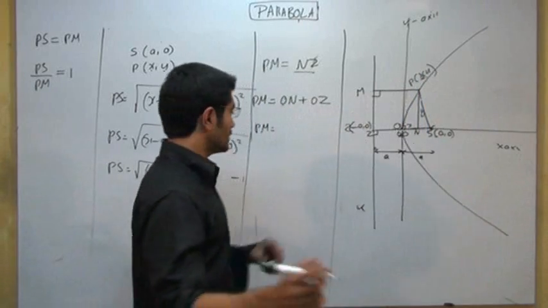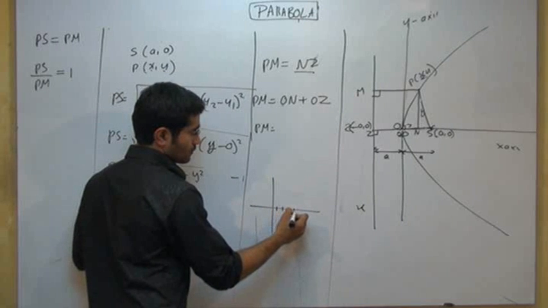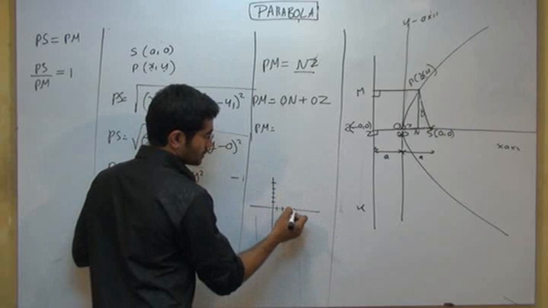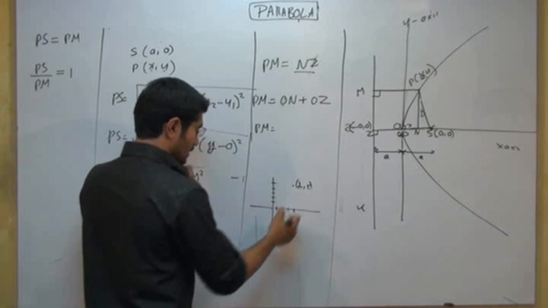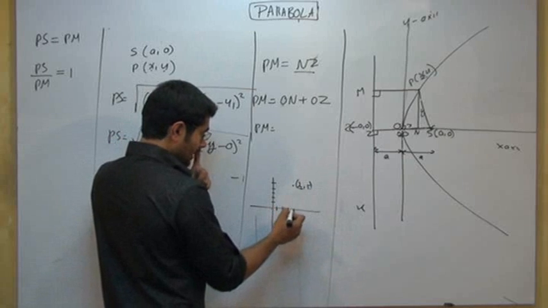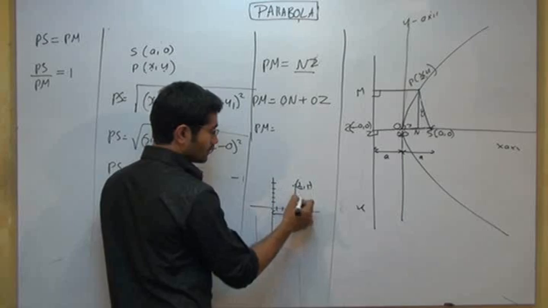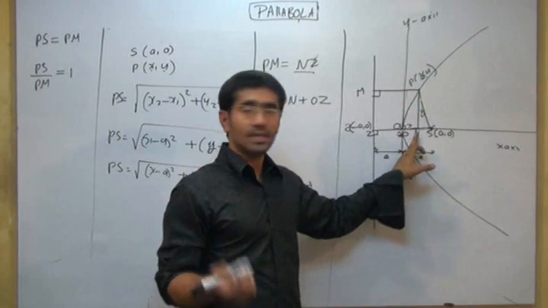If you don't understand this, take a small logic here. See, if I have 1, 2, 3, 4 and let's say 1, 2, 3, 4, 5. How will I name this point? 4, 5. It means this part of it is nothing but, this is 4 and this height is 5. So if I have x, 5 here, then this length should be x.